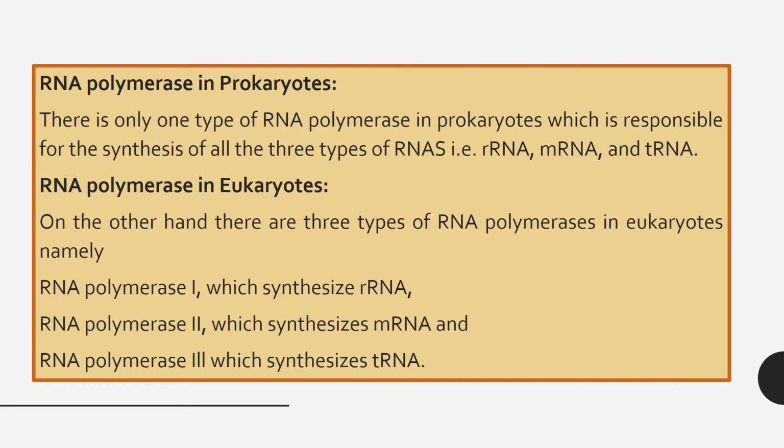On the other hand, three types of RNA polymerases are found in eukaryotes. RNA polymerase 1 synthesizes ribosomal RNA. RNA polymerase 2 synthesizes messenger RNA, and RNA polymerase 3 synthesizes transfer RNA.